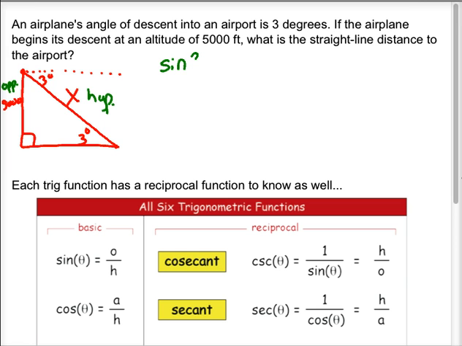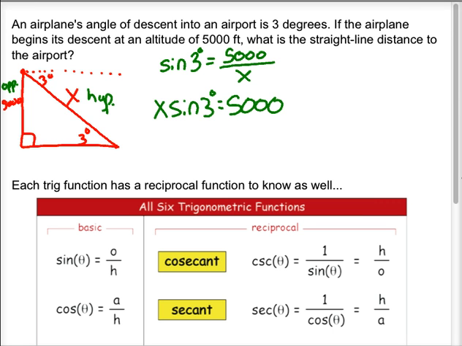So sine of that 3 degrees is opposite over hypotenuse. All right, now we want x. Well, the first thing is, just like we did last time, we don't particularly like having a fraction. So to get rid of the fraction, what can we do? Well, I can multiply both sides by that x. So x sine of 3 degrees equals 5,000.